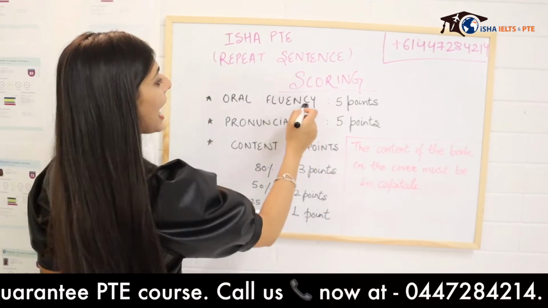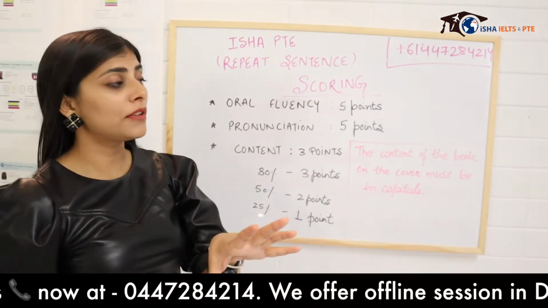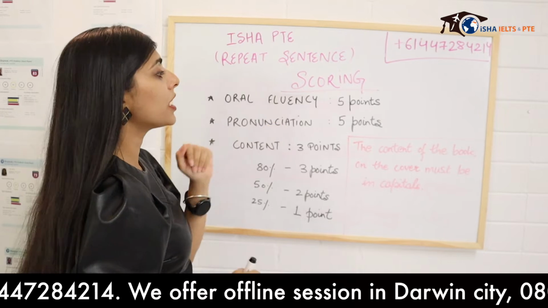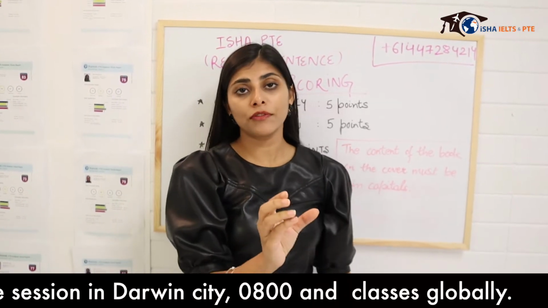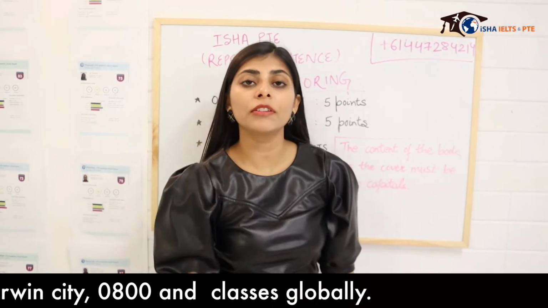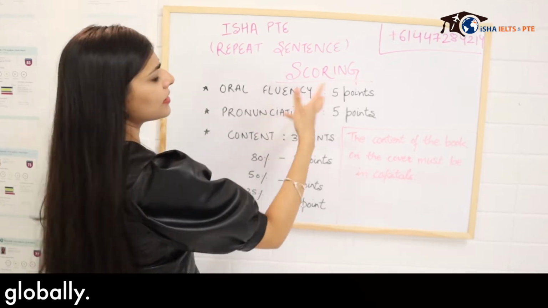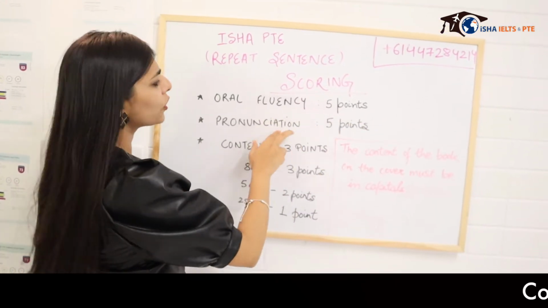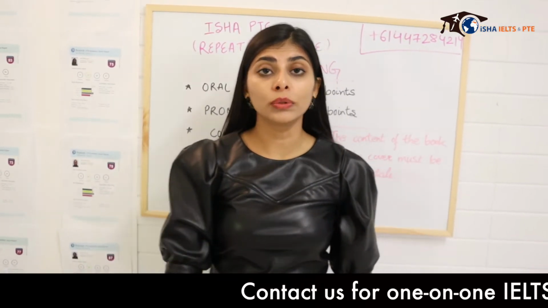But what has happened is that you have lost some of the points for fluency and some of the points for pronunciation. So you will be getting, let's assume, 2 points for fluency and 2 or 3 points for your pronunciation, just in case you do that.